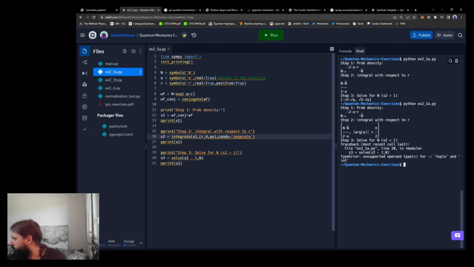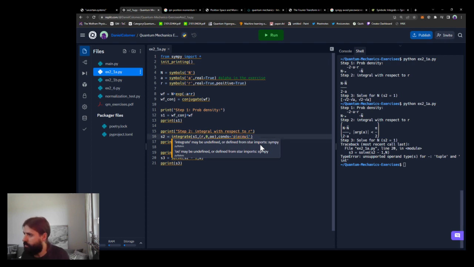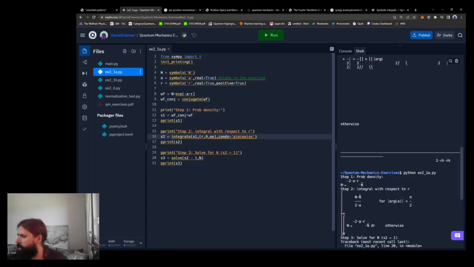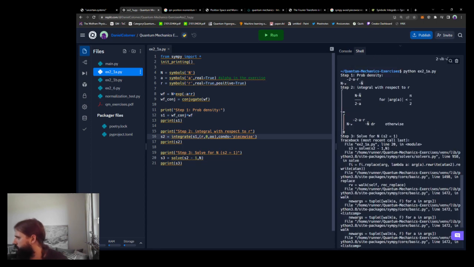Step 2. Okay. Piecewise. Am I doing something wrong? Otherwise, integrate and solve.